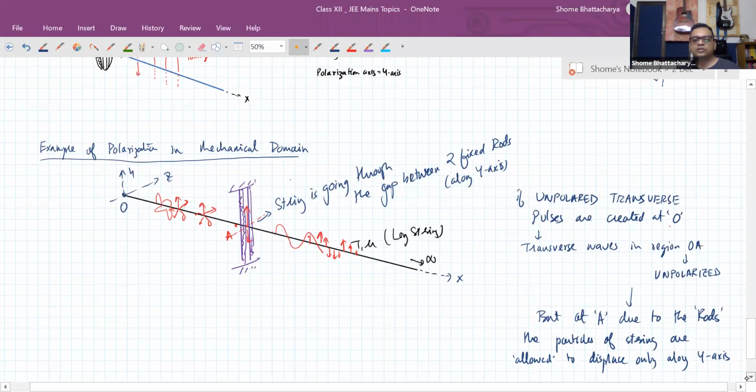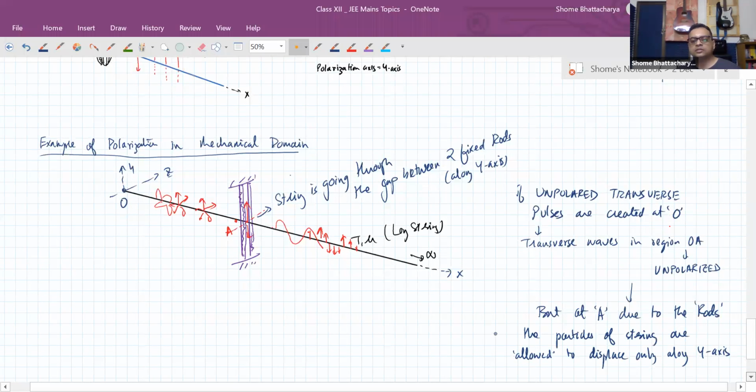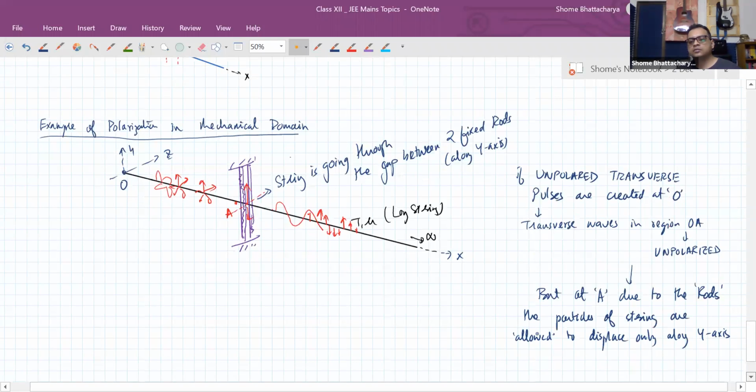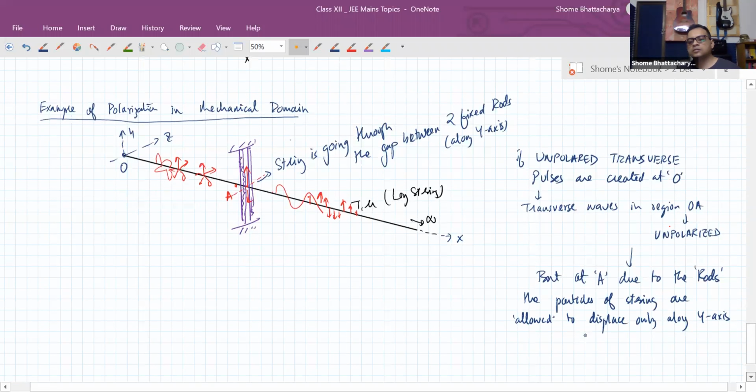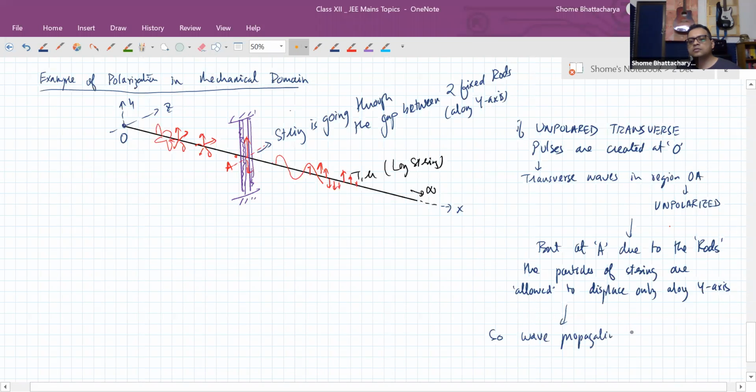So therefore the wave propagating further ahead of that point A becomes a polarized wave, with the axis of polarization being the y-axis.